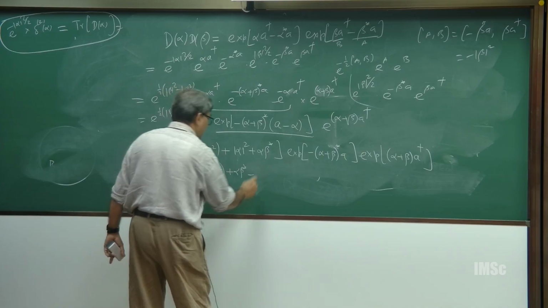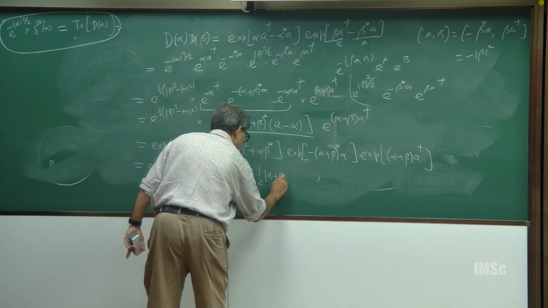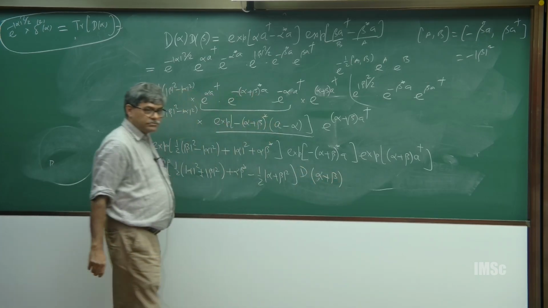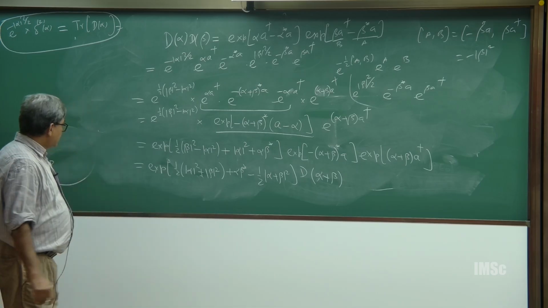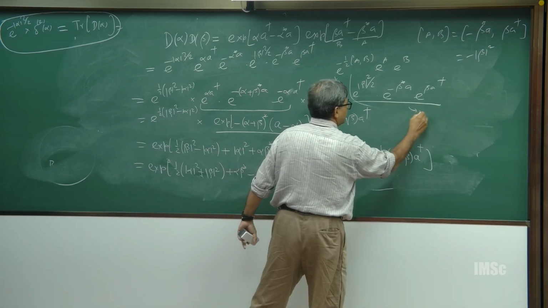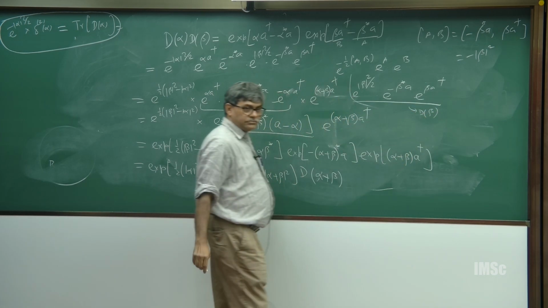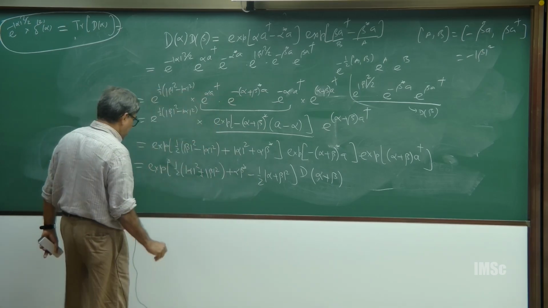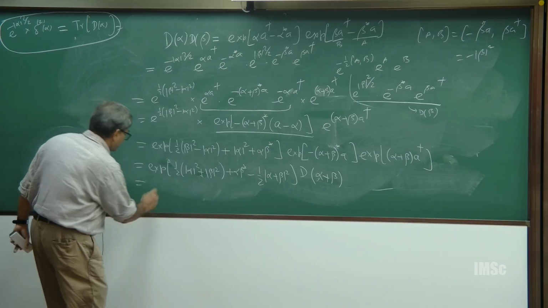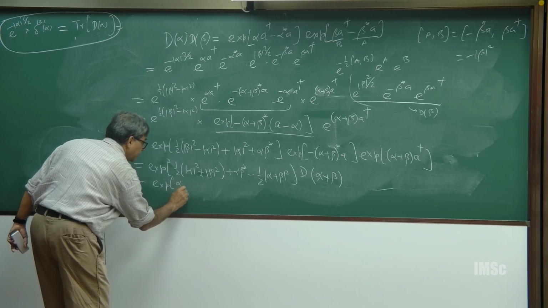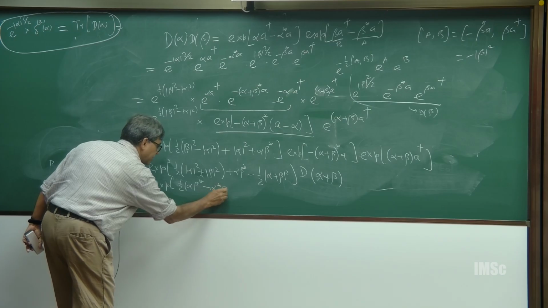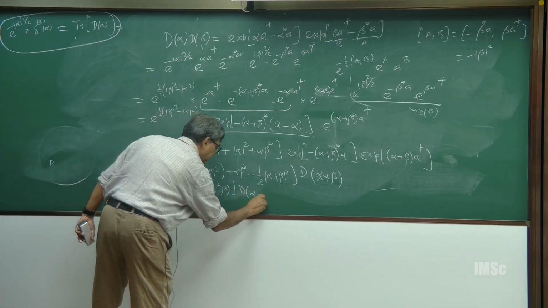So, basically this is half alpha plus beta whole square, then D of alpha plus beta, okay, right, because you know this is the expression for D of, so this is for D of beta. Okay. Now, what will be this? This is exponential of half of alpha beta star minus alpha star beta, D of alpha plus beta.